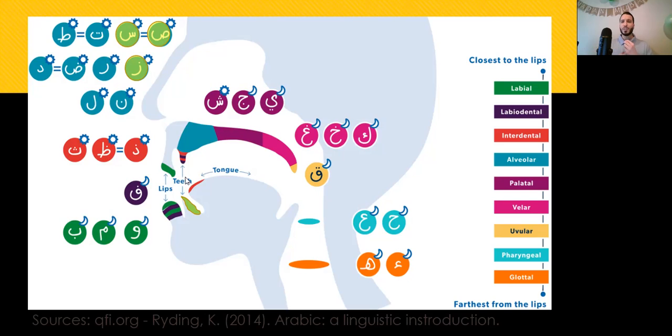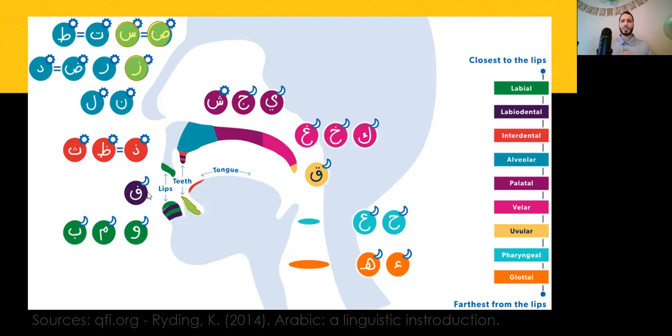You can feel the air hitting this area, and also the upper side of these teeth, and also your lips, right?